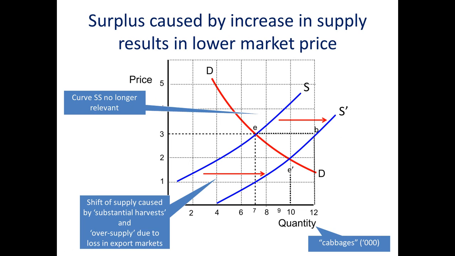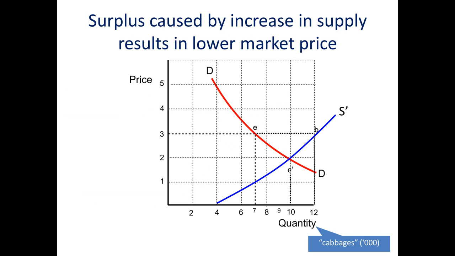Now, since the curve S is no longer relevant, let's remove it. And we can see at the pre-existing, the pre-disturbance price, which was $3, we have a surplus in the market equal to the distance EB.